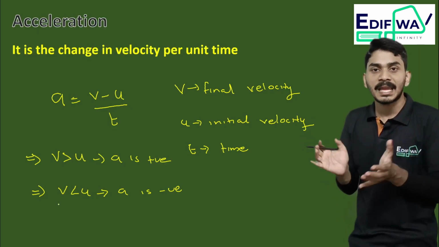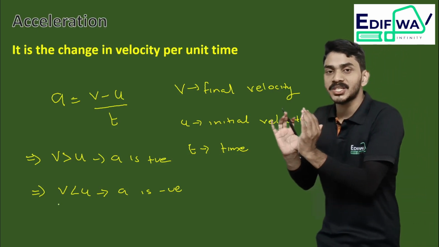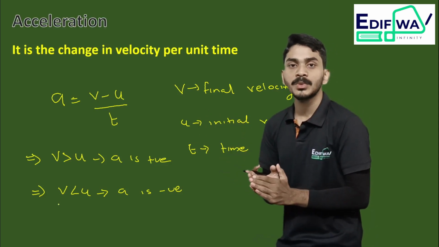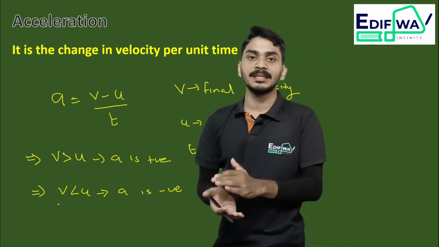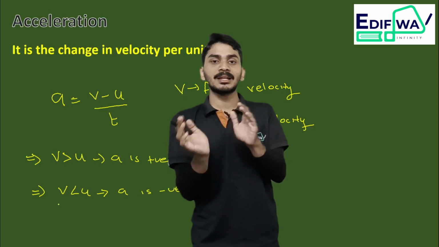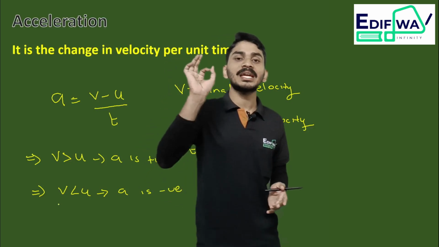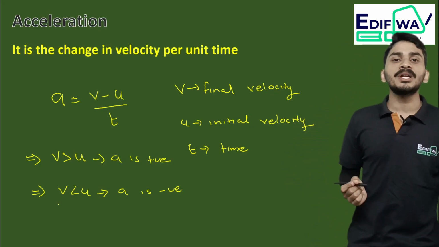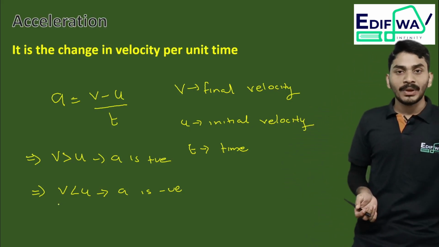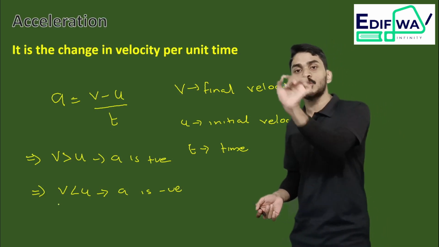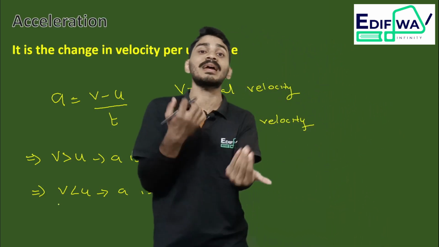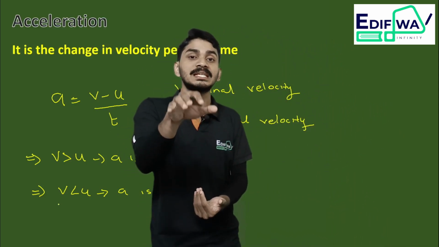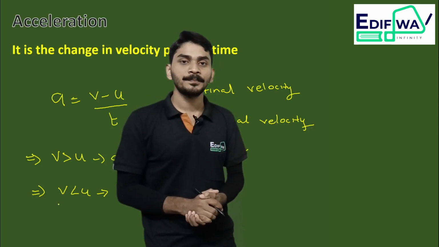That is the case where a body is initially moving with a high velocity and then the velocity decreases. Such negative acceleration is called deceleration or retardation. So when the question gives deceleration or retardation, you have to understand it is negative acceleration and the final velocity is less. Clear?